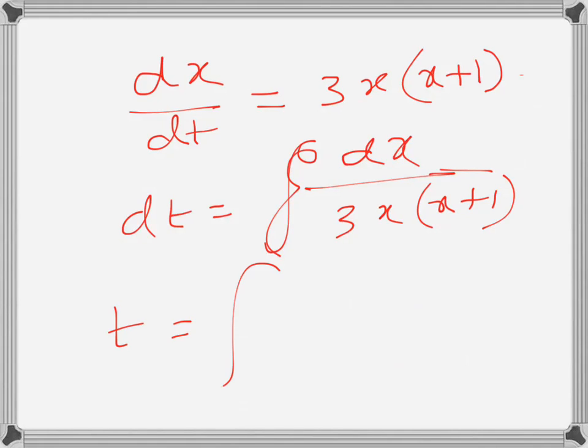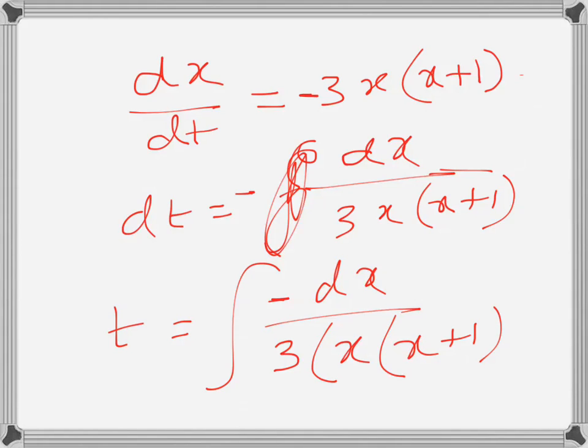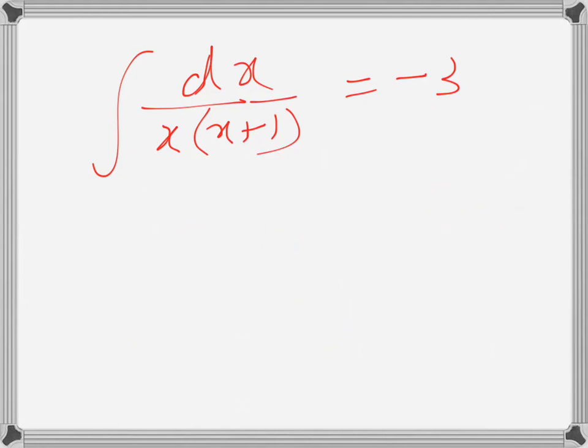So t can be written as the integration of dx over minus 3x times (x plus 1), and I missed the negative sign again there. Then I can take the minus and the 3 on the other side, so this stays as the integral of dx over x times (x plus 1), and that will be minus 3t. So that's the other thing we needed to prove.